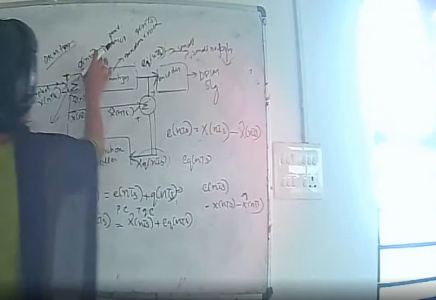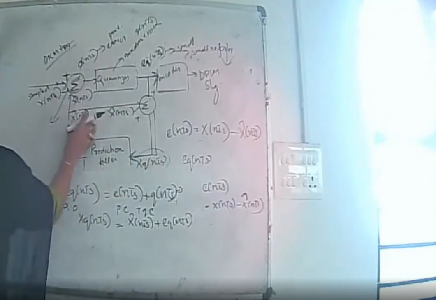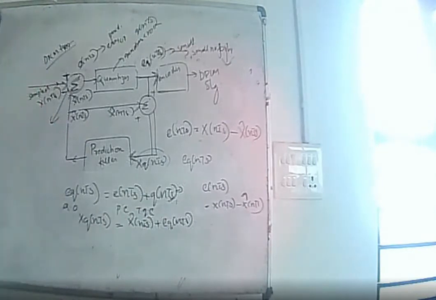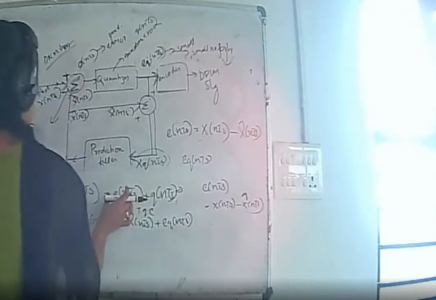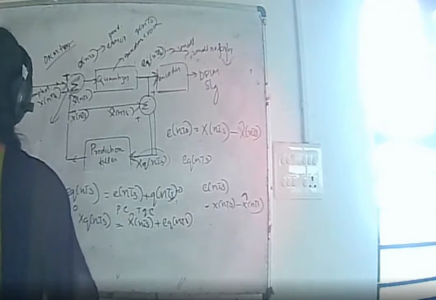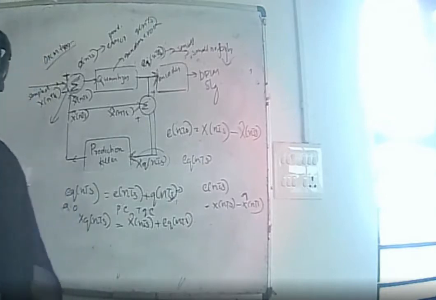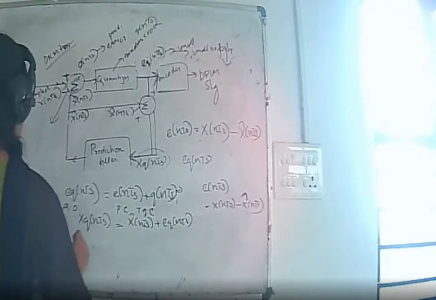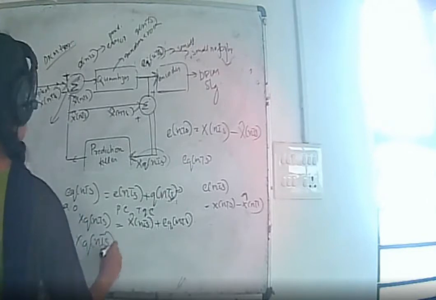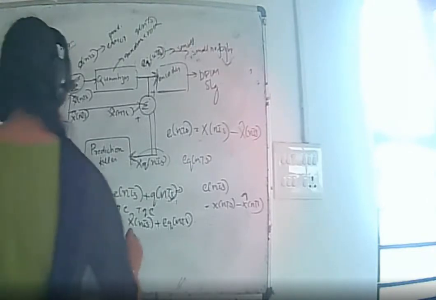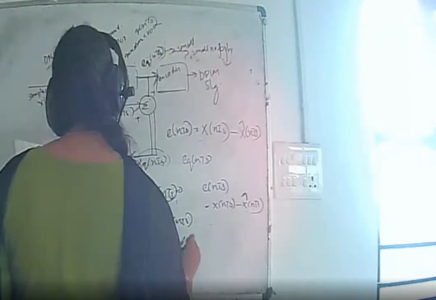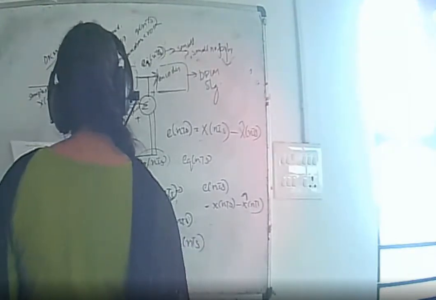So we are substituting this into this. Therefore, we get that X_q of nTs is nothing but X of nTs plus Q of nTs.